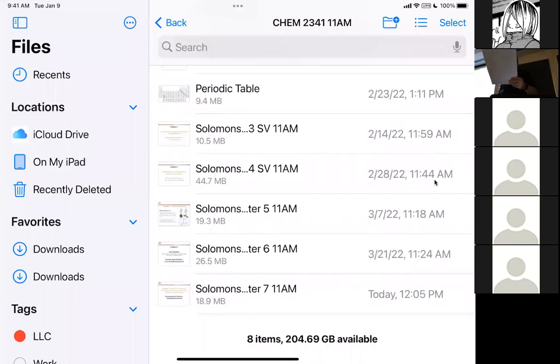Know the difference between dehydrohalogenation versus dehydration. They're different mechanisms. One uses base, one uses acid. Okay. Zaitsev's rule and Hofmann's rule and conjugation rule.